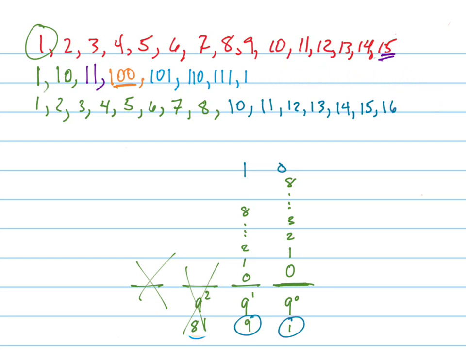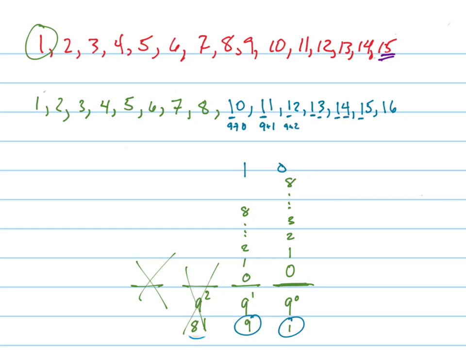You just went way too fast. Well, all I'm doing for each one of these, look what I'm doing. This is 9 plus 0. This is 9 plus 1. This is 9 plus 2. 9 plus 3. 9 plus 4. 9 plus 5, 9 plus 6. That's all I'm doing. You didn't have to go to 16, right?